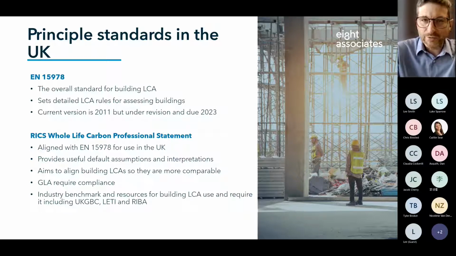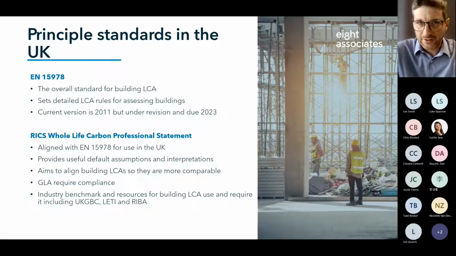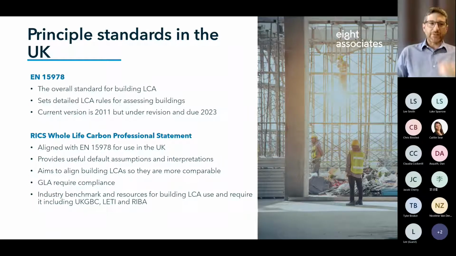And what it does is provide default assumptions that you can use in the UK context, particularly at early stages in assessments. You don't always know much about the building, so it's good to have those assumptions. It interprets a lot of the things in the main standard which are a little bit difficult to work out what to do, so it provides a lot of guidance in that respect.